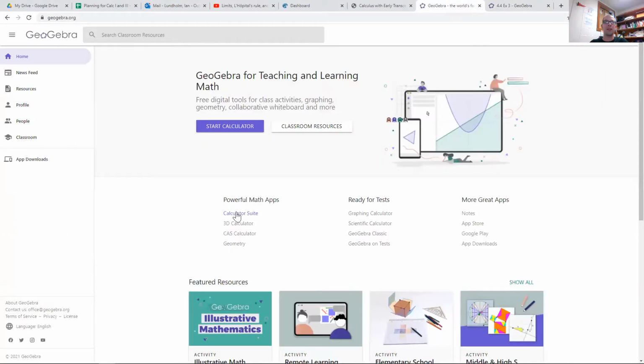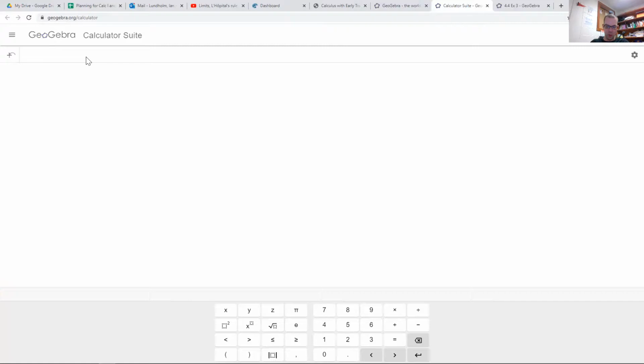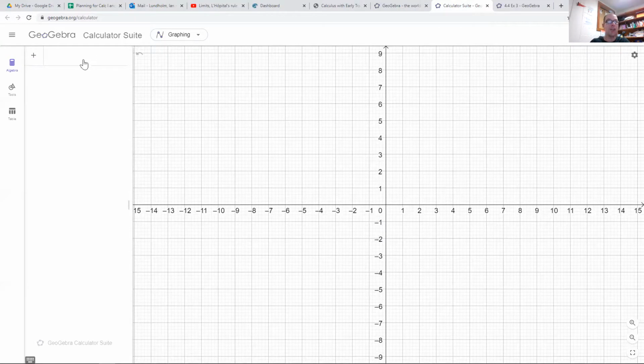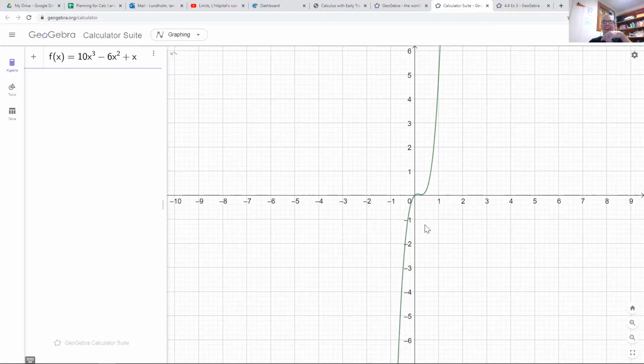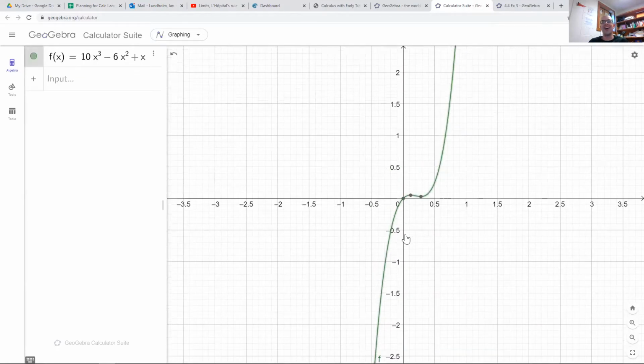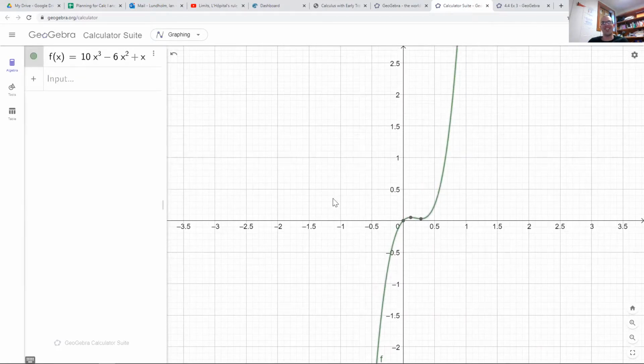All right. Calculator, sweet. We started off with the function 10x cubed minus 6x squared plus x. And yes, I do recognize the irony of we're doing curve sketching, why are you just plugging this into a graphing calculator? It's so that I can do the operations.